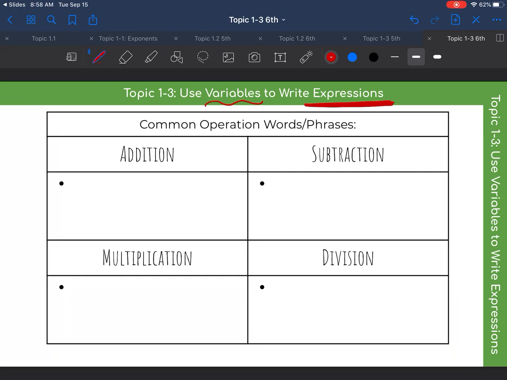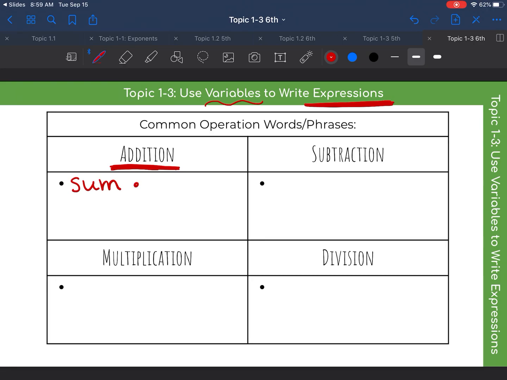Now, we're also going to talk about exactly what variables are. But before we get to that, I want to just go over really quick common operation words. So instead of saying addition, what are some other words that we hear in math that stand for addition? Well, the classic one is sum. We hear that a lot. The sum of two numbers, that means we're going to add them.